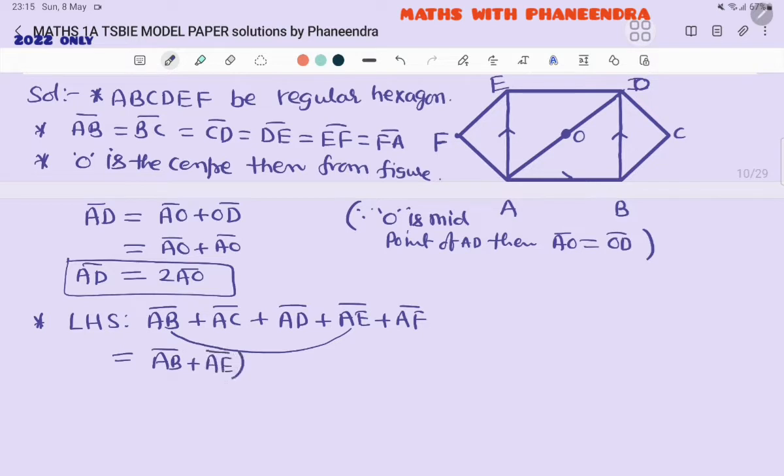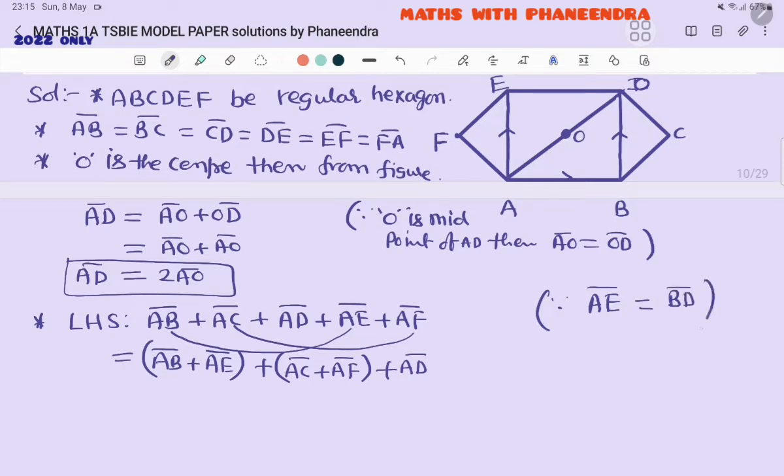AB plus AE, keep in bracket, plus AC and AF plus AD. From the figure, AE is equal to BD, because they are equal here.